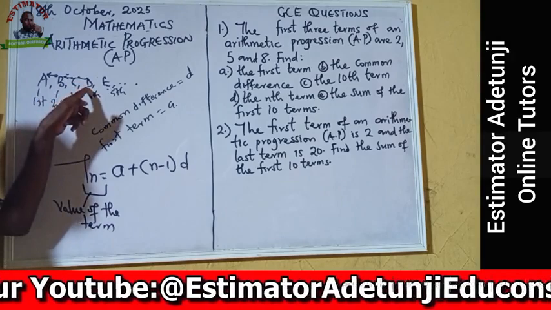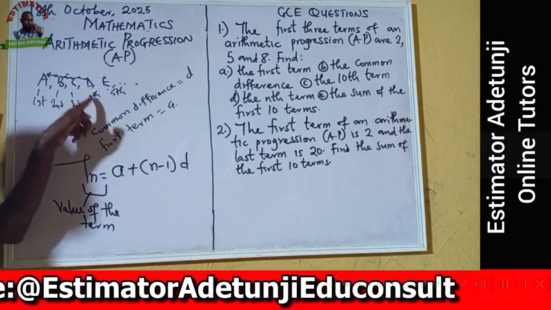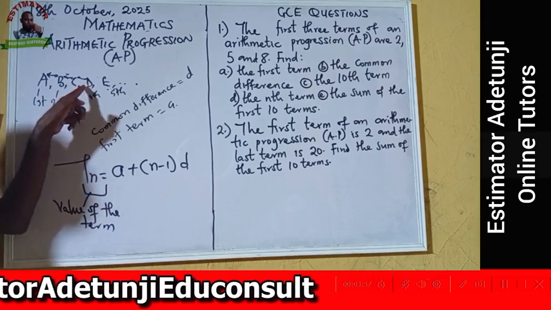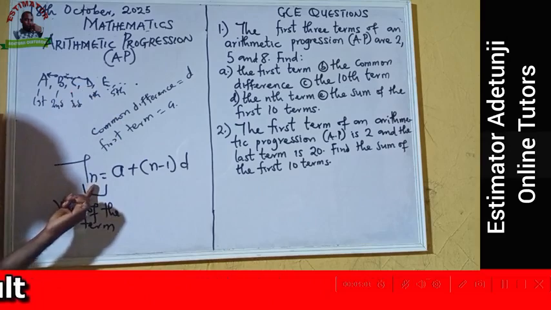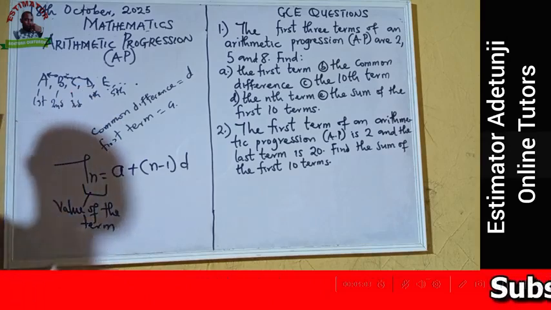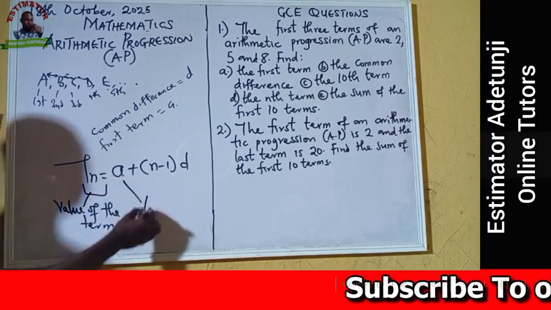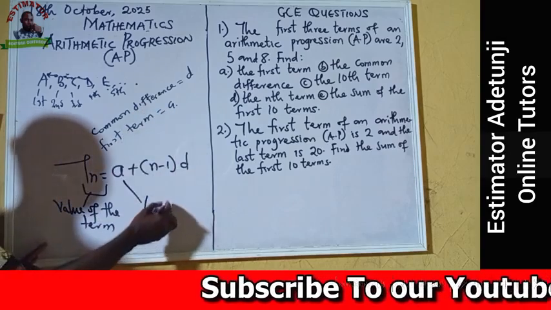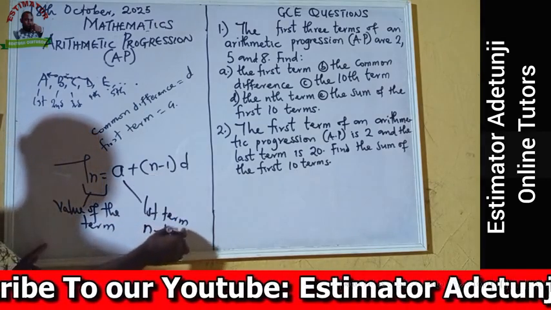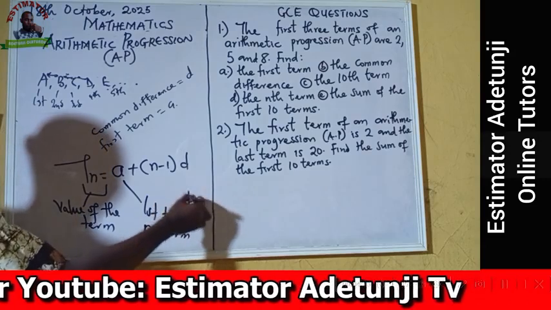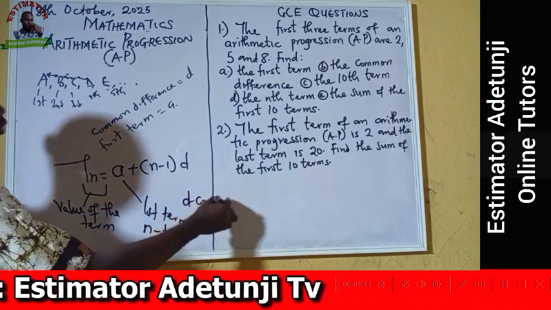Which item stays on the fourth term? That is D. This Tn measures the value of the term. While a is the first term, which we denoted at the beginning, n is the term position itself, and d is the common what? It is the common difference.